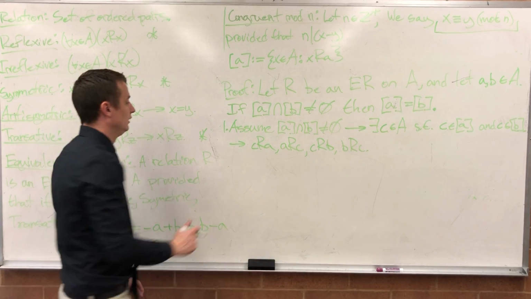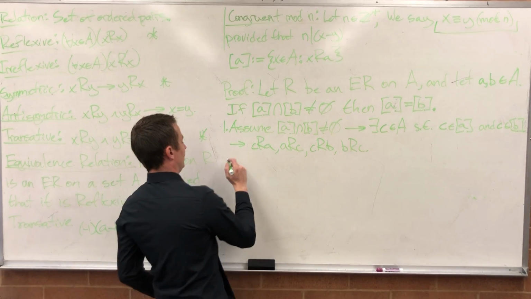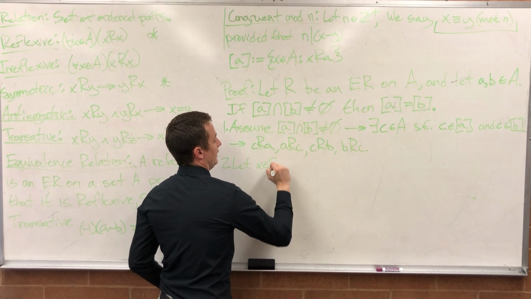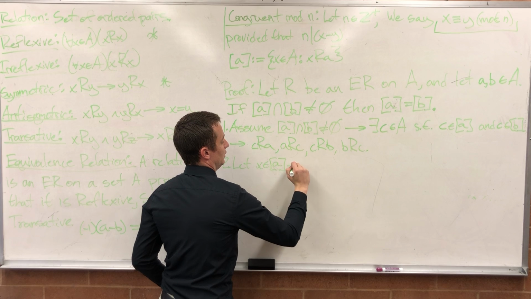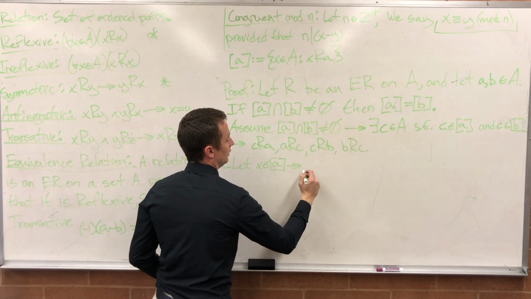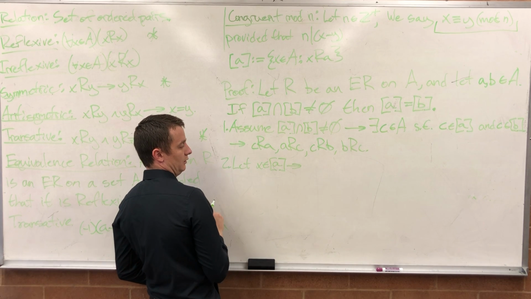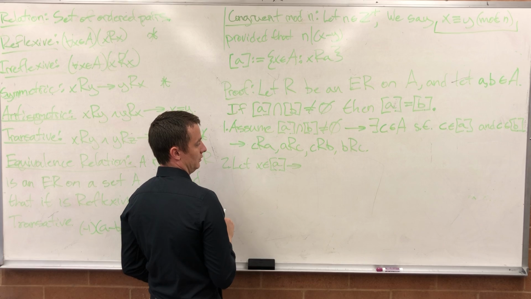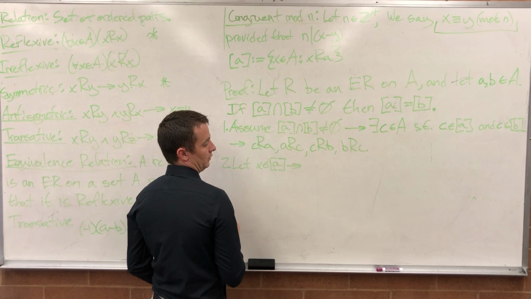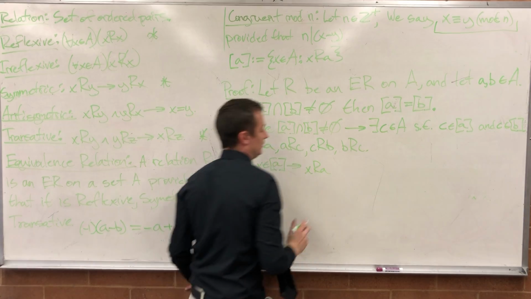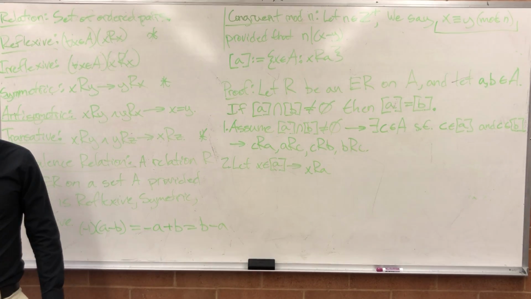Good? Okay, so now let's start proving that they're subsets of each other. Let x in A's equivalence class. What does that give me? That x is related to A. Where are we trying to get?